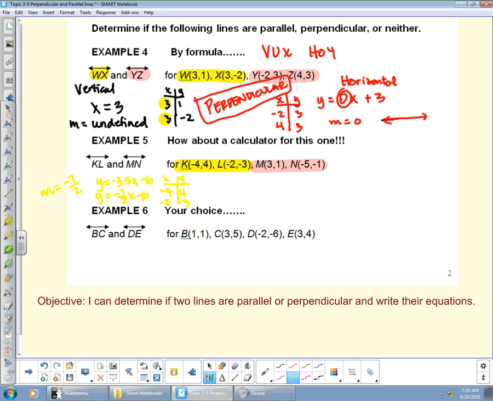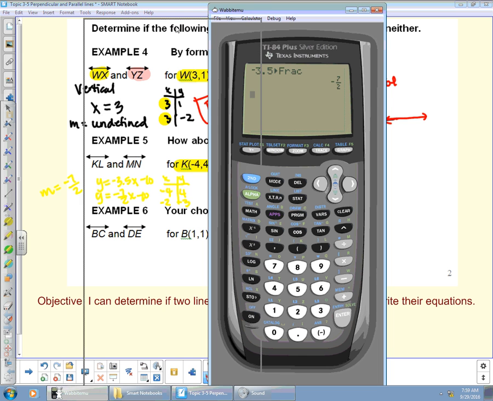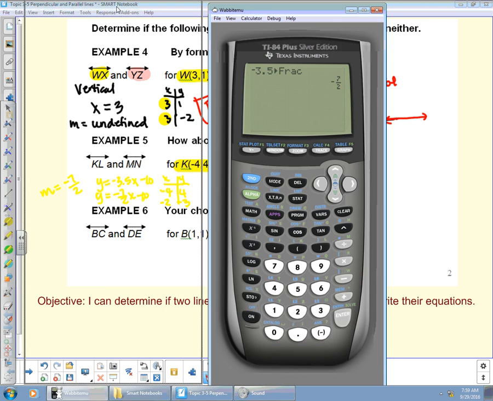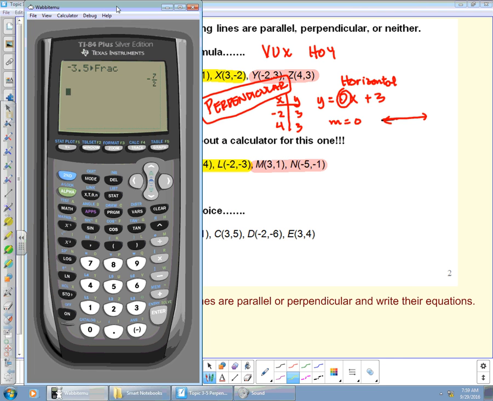All right, so now I want to do the same thing for points M and N. So stat, enter, clear the points. All right, I'm going to make my T-chart. X, Y. When X is 3, Y is 1.